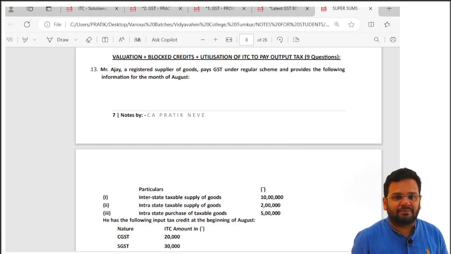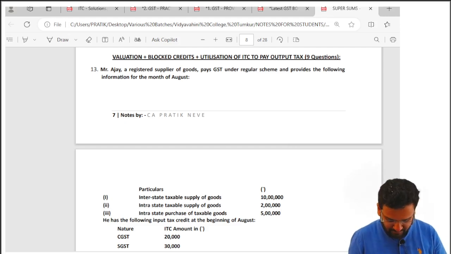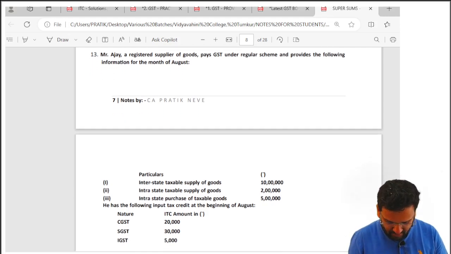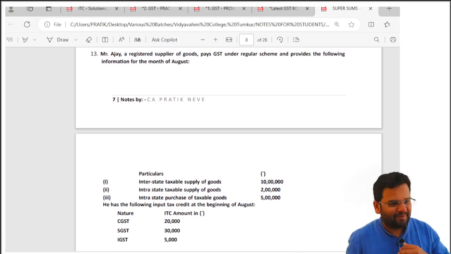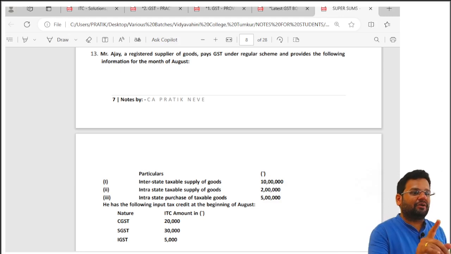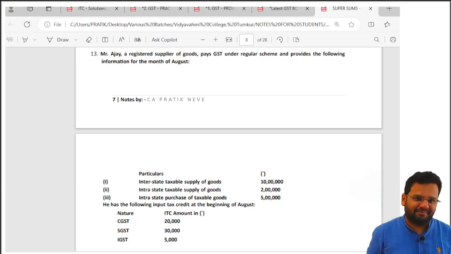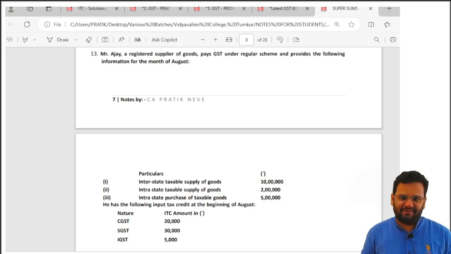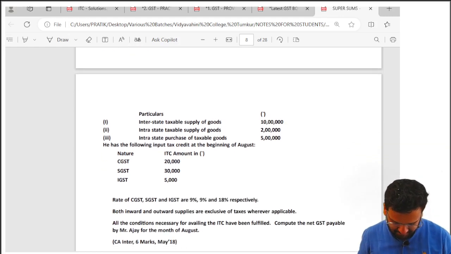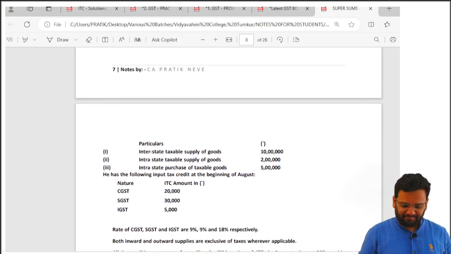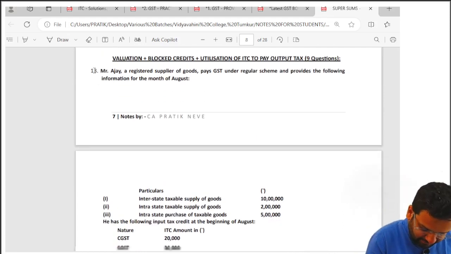Go to super sums, which I have given you. You have that small booklet of super sums. You will promise me that you will not see solutions. Just focus on the question. Question number 13.